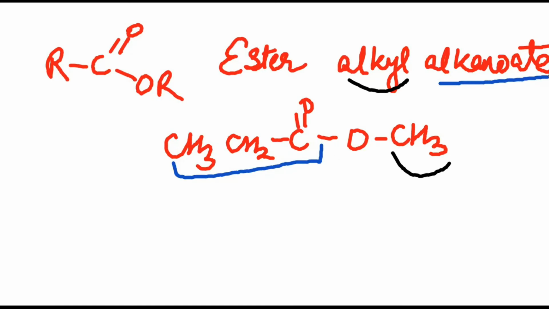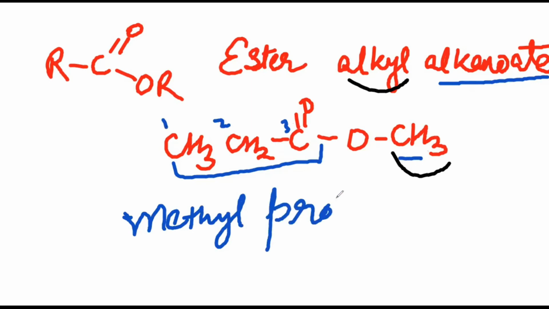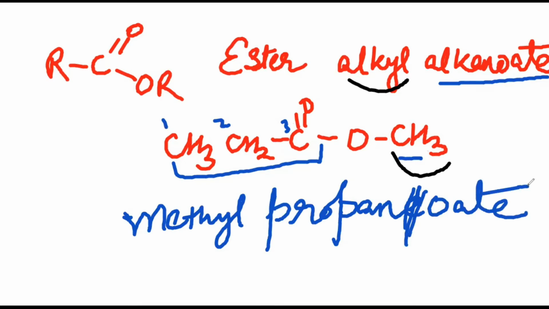So here the name will be, they got CH3, okay? So it will be methyl, right? And count the number 1, 2, 3. 3 carbons are there. So we will say propane and remove the E and write OATE. So the name will be methyl propanoate. Fine.